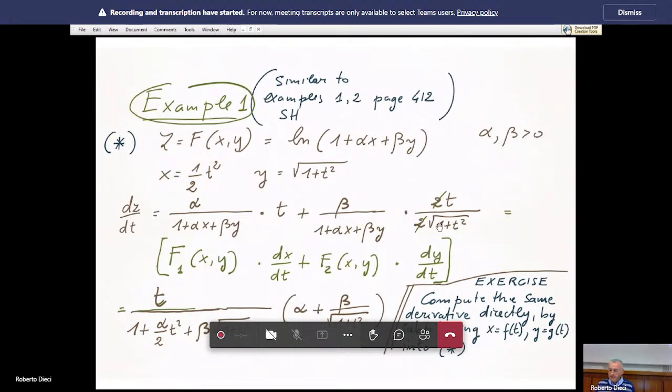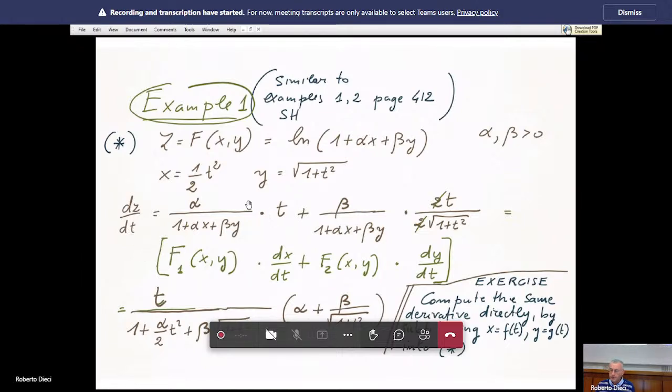Now, what happens here? Very often, we have common factors in the two additive terms. So it's very convenient to rewrite this in a better way, not just to have a shorter formula, but also because sometimes we have to divide this by z to compute the growth rate, okay?